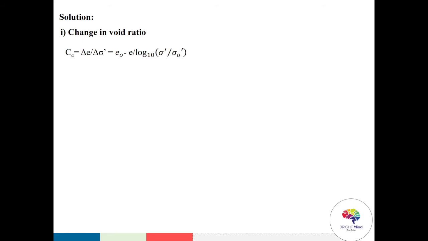The values are provided, and the only unknown in this equation is e, the final void ratio. So we'll substitute the values and find the value of e.